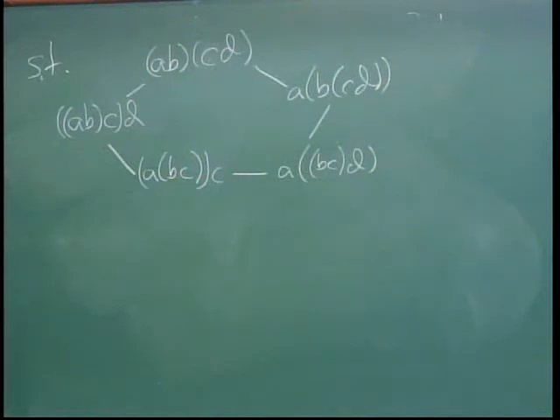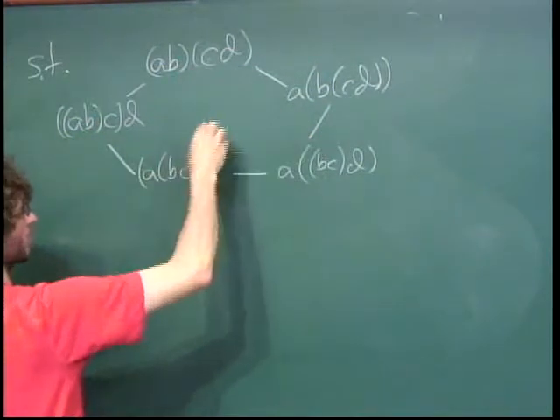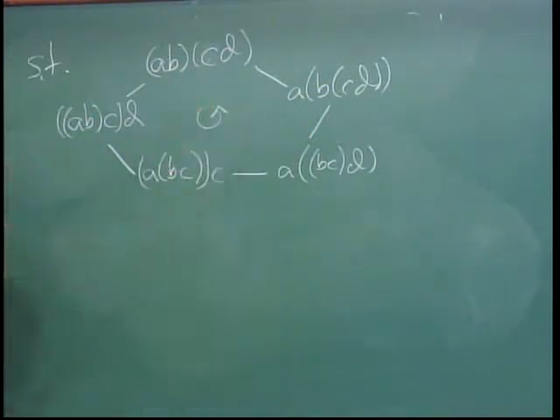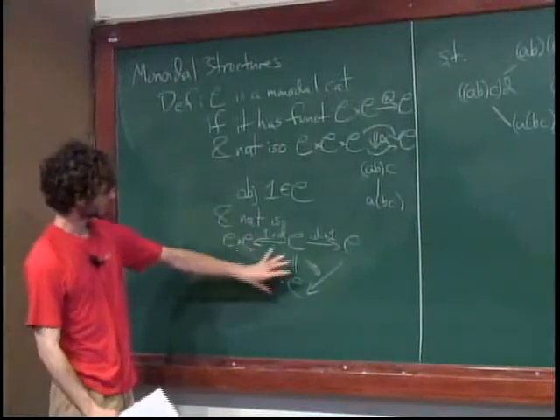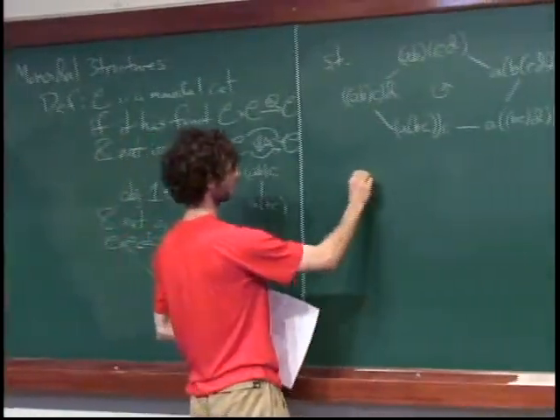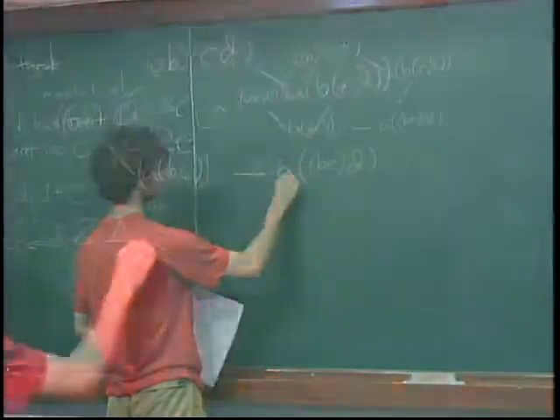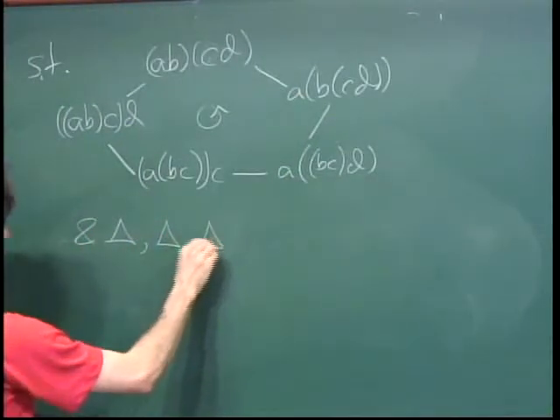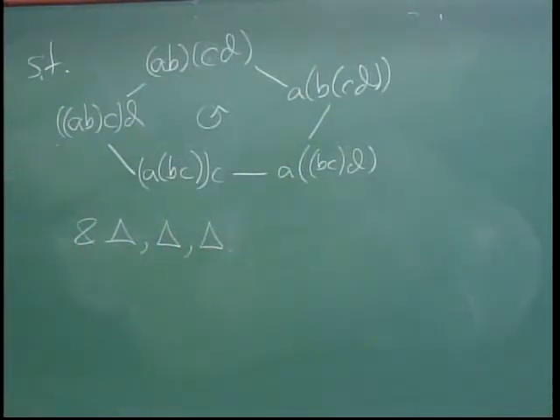And those different paths form a pentagon, and so these are natural transformations, and I demand that this diagram of natural transformations commute. And then there are some more coherence conditions for the unit that I won't write down. They come in the form of 3 triangles that constrain the unit. Okay, so that's the end of the definition of a monoidal category.